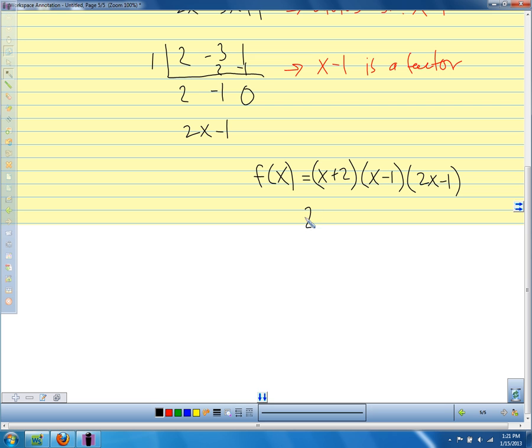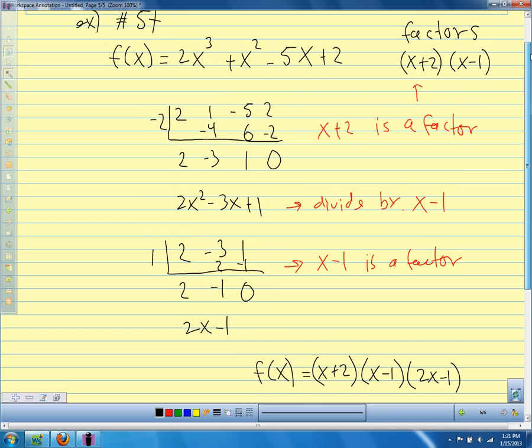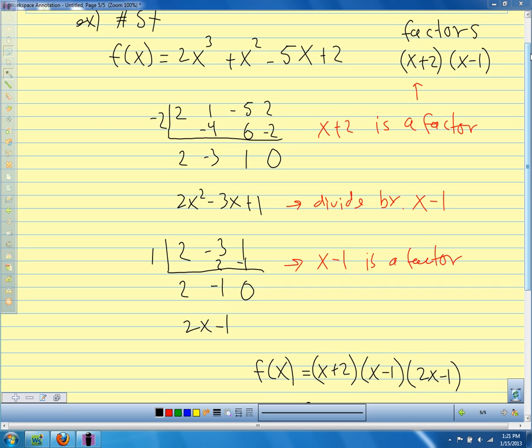My zeros would be x equals negative 2, x equals 1, and x equals 1/2. So those would be the zeros of the function. And that's what the problem asks us to do. So this is a way of factoring polynomials and finding zeros of polynomials. So we can use synthetic division to factor and find zeros. The secret, the trick, is that we have to start out with one factor. We have to come up with one factor initially.